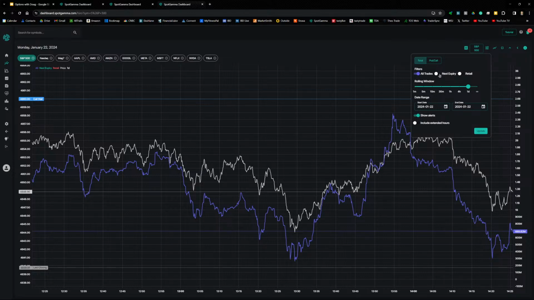So right now I'm showing options trades that expire, all expirations: today, tomorrow, next week, next month. Now this teal line is showing options that expire today. This is next expiry. For the S&P 500, this would be options that expire today. So SPX, SPY, ES all have options that expire every day.